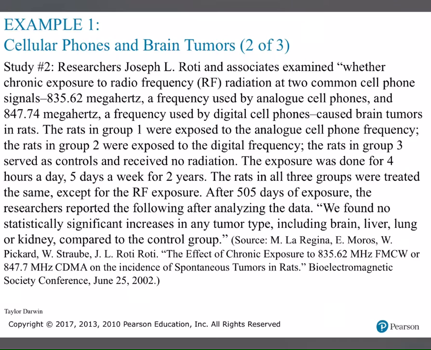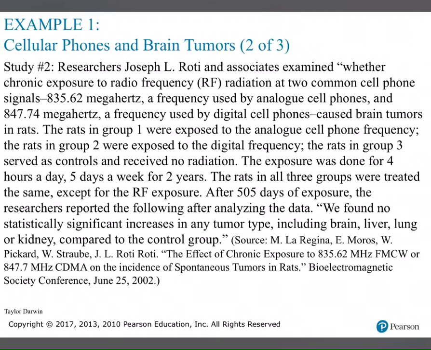So they did another study, and in this study, they examined whether the chronic exposure to radio frequency radiation at 2 common cell phone signals, which are those 835.62 megahertz and 877.74 megahertz, caused brain tumors in rats. So now rats are our variables.